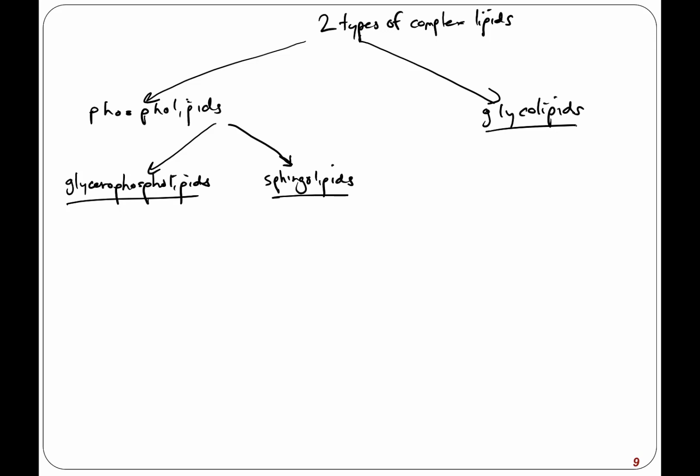But as the name suggests, if we're looking at glycerophospholipids, we're talking about glycerol, which may be familiar to us. Phospho sounds like phosphorus, and it turns out there is phosphorus in these. There's a phosphate group in them, and then they're obviously lipids. So we'll start out by saying all of these have an alcohol, what I like to refer to as an alcohol backbone.